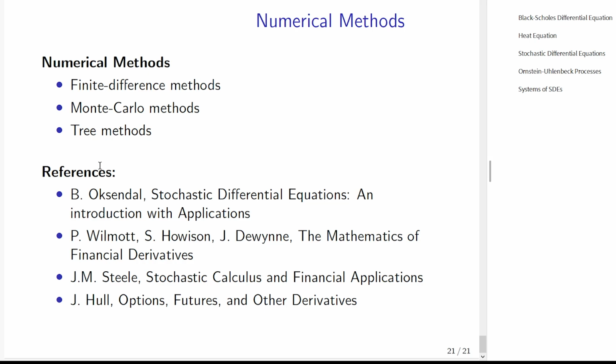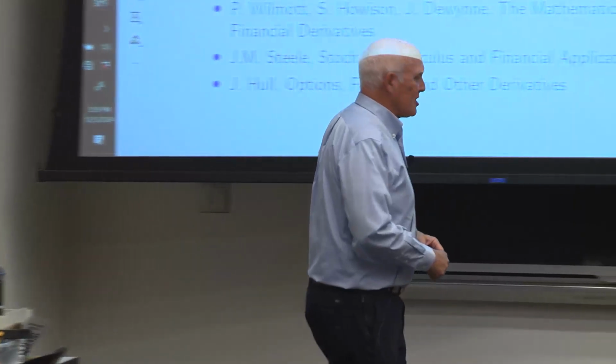There's this really excellent monograph by Oksendal, which is very mathematical, not necessarily motivated by finance, but motivated by physics problems as well. And then the other references here are really good ones in quantitative finance. So we have our guest lecturer, John Hull, to thank for giving us this book on options, futures, and other derivatives.